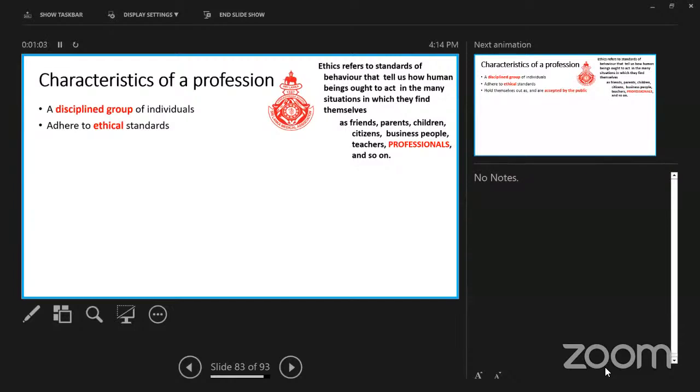Ethics in this sense refers to the standards of human behavior, telling us how human beings ought to act in the many ways in which they find themselves, as friends, parents, children, citizens, business people, teachers, and professionals, and so on. I will give you one brief insight into ethics or professionalism. I heard a key message in a lecture from the current Dean of the Ragama Medical Faculty, Professor Madhava Chandratilaka.